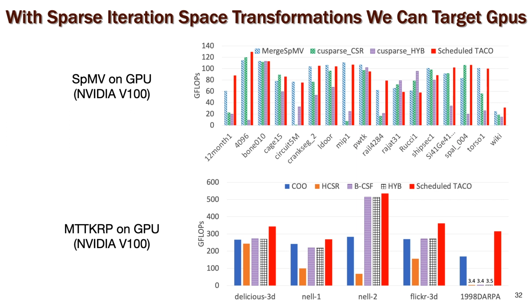We get pretty good performance, very close to what NVIDIA engineers were able to generate. And for the MTTKRP loop in here, again, we are getting the best possible performance compared to all the other hand implemented systems out there.